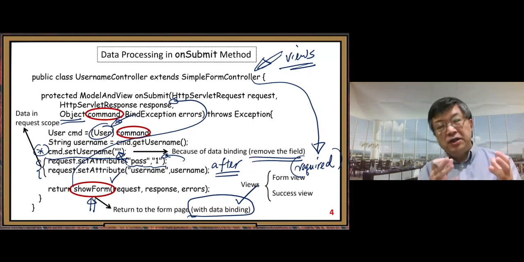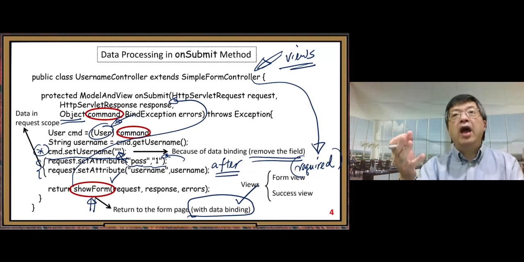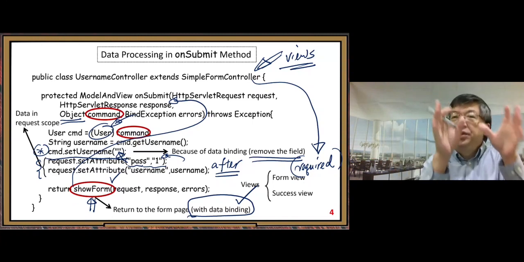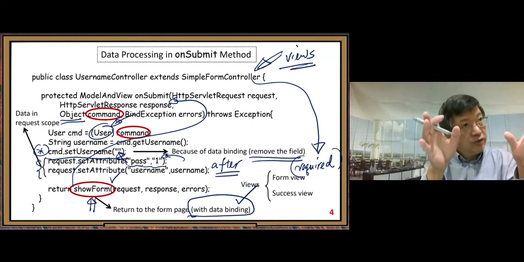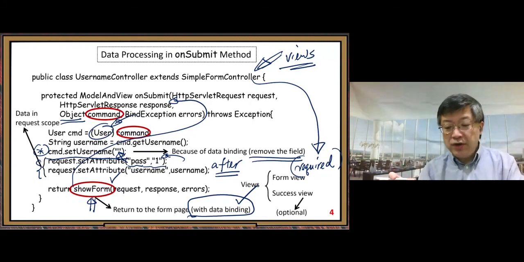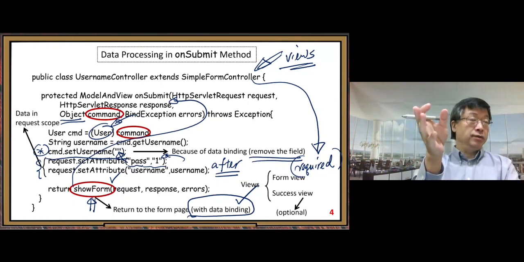After you process the data, the whole thing is successful, then you may want to use a new view page. So we call it the success view. But this success view is optional. Sometimes you need it, sometimes you do not need it. Right?